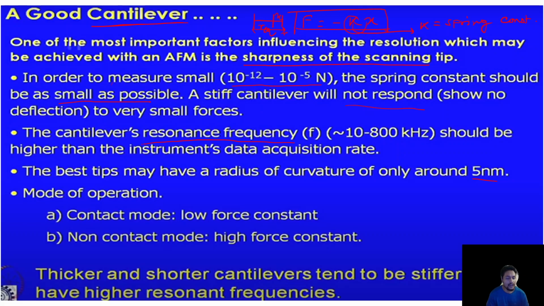Now there are two modes of operation. From the force curve, you can easily see that as well. So this is my force versus distance. This is the point of contact, right? And this is the critical distance.